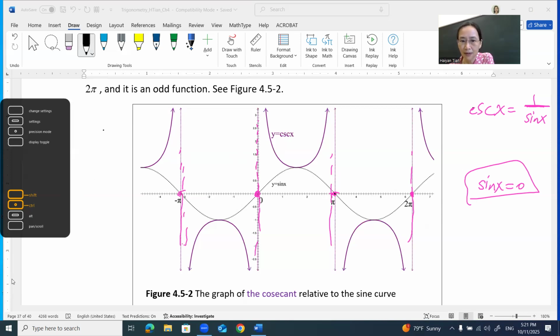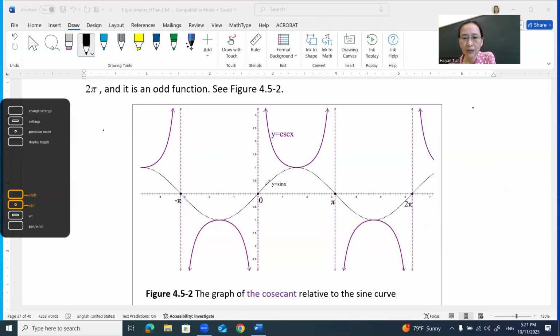Now, why are they vertical asymptotes? Let's pick one period of sine. So just try to see one period of sine.